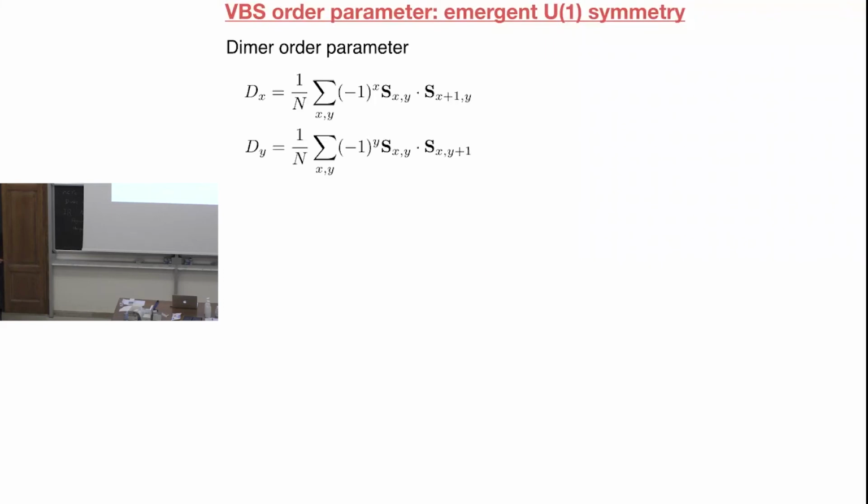Yeah. So since Chong talked a lot about the VBS and its symmetry breaking and so on, let me show, before coming back to the issue of the global phase diagram, a few more things about the VBS order parameter and how we can check that it has emergent symmetry, emergent U1 symmetry.